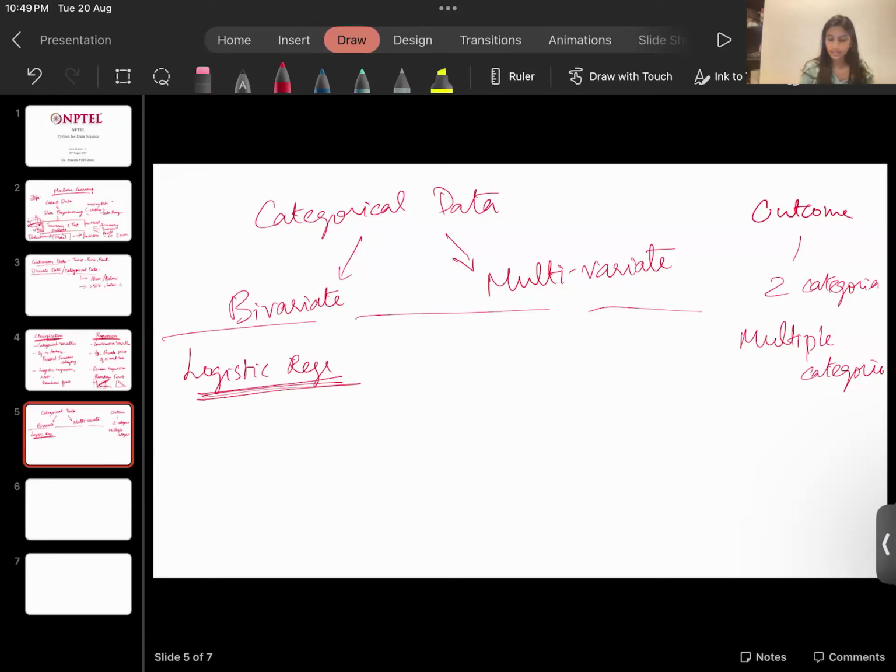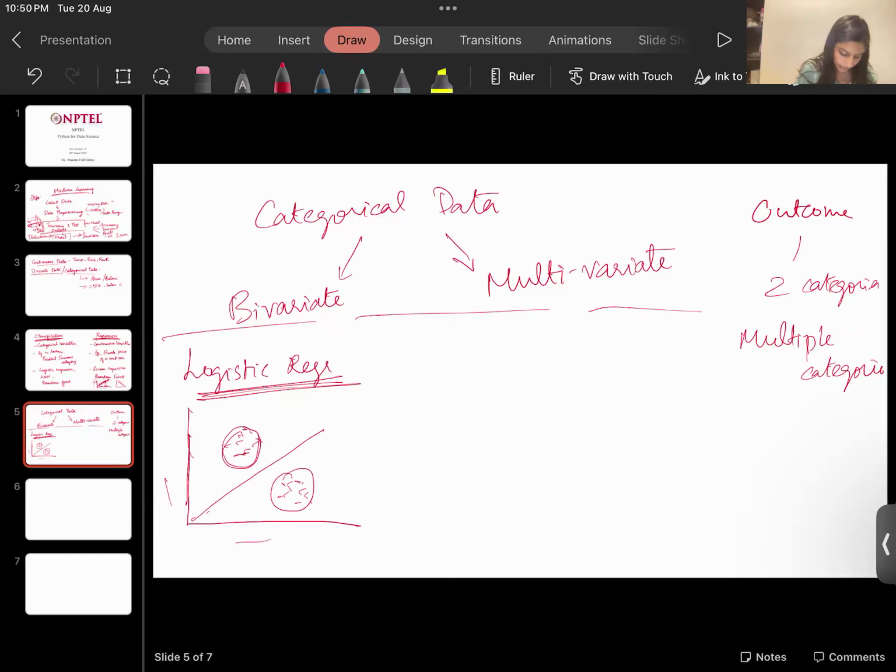It works based on probability modeling, and it's easy to interpret as well. What we mean here is, let's say the trend between two variables is linear, and above this line there's one category, it always falls above this line, and another category always falls below this line, like this.